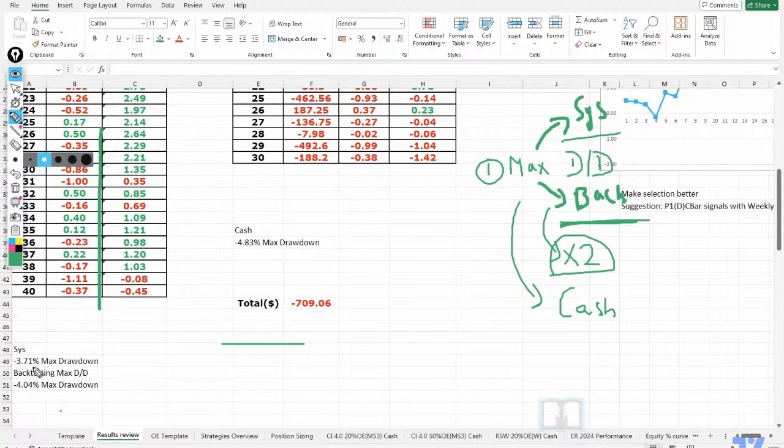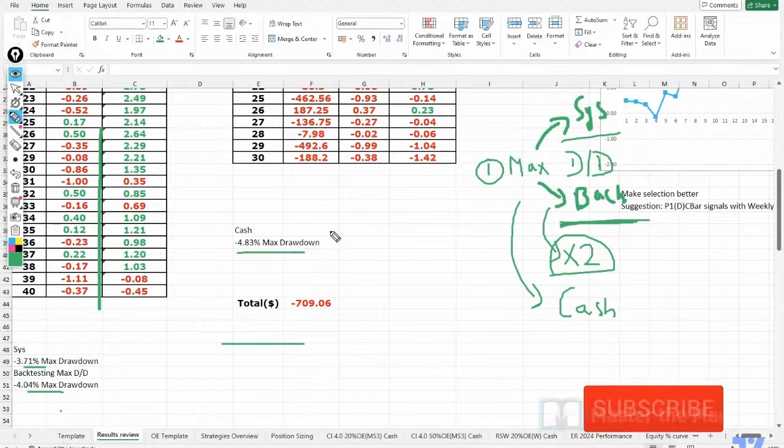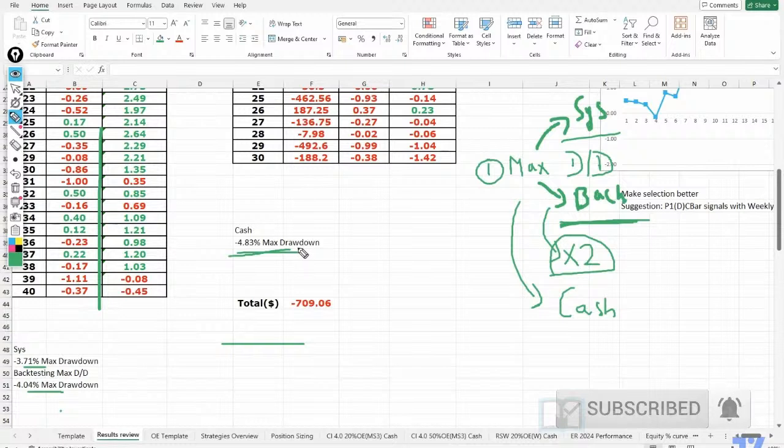So you can see 3.71, 4.04, and our cash, we actually missed a few trades which don't go in our favor in this particular strategy, and we position sized some wrongly, but anyway, we are down minus 4.83, so it is a bit off, about a 1.1% gap.